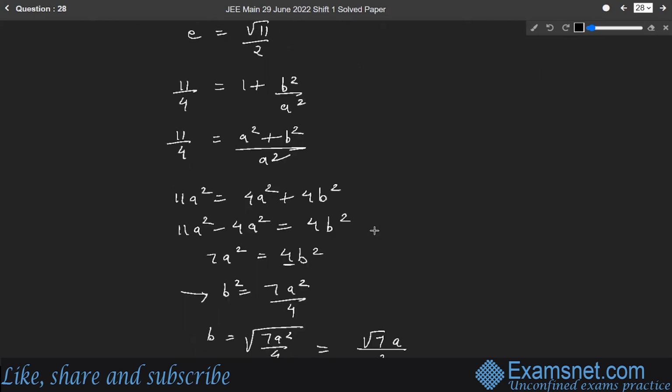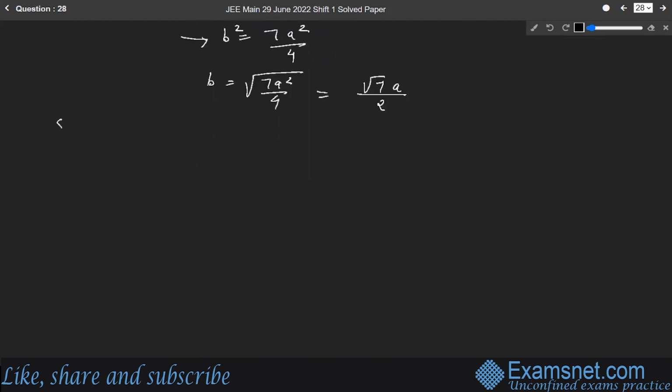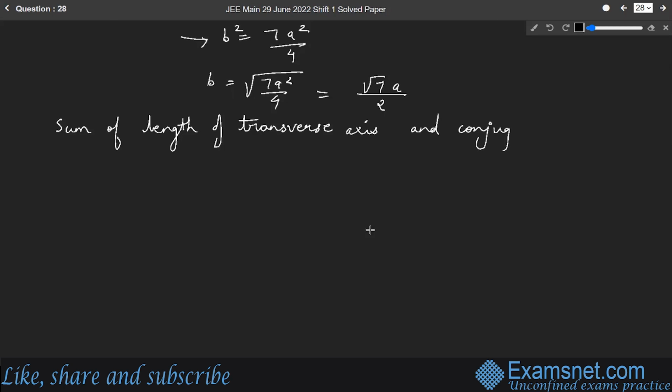So let us write the sum of length of transverse axis and conjugate axis will be. We know that length of transverse axis is 2a and length of conjugate axis is 2b.